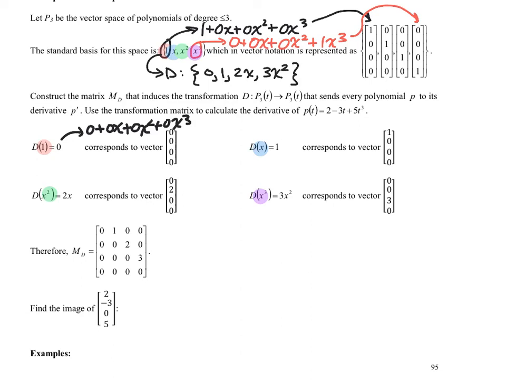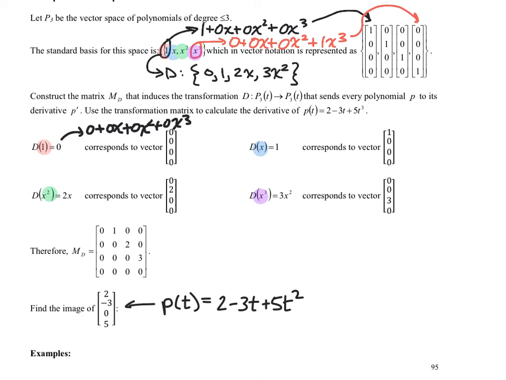Now this vector is coming from that polynomial function, p of t, 2 minus 3t plus 5t squared. So t's, x's, whatever, it's all the same because it's polynomial in nature. So we don't have a t cubed in there.